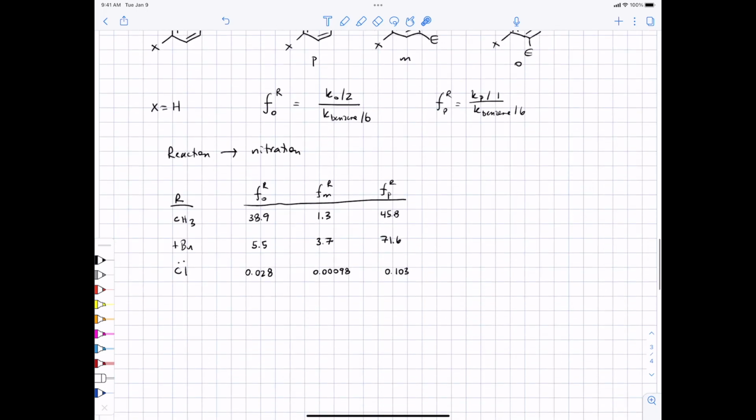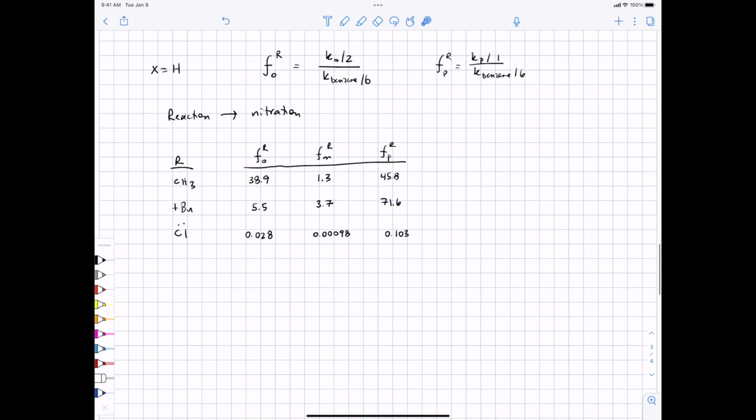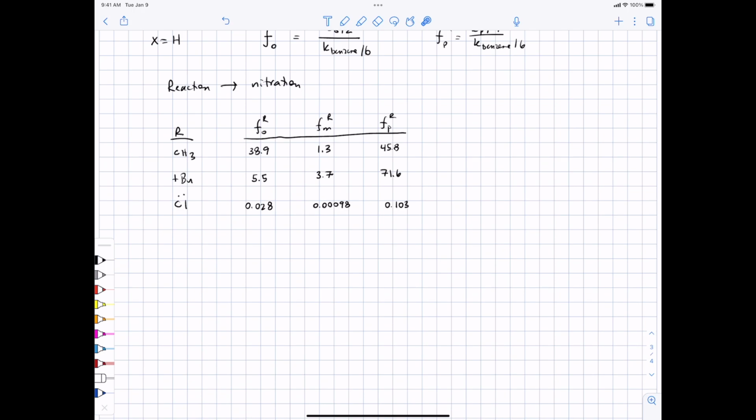So I like these data because they really do summarize a lot of things that we learn in introductory OChem. Here you see the deactivating effect because the rates across the board are slower for chloro, but you also see the regioselectivity effect. The rate of formation for the meta, is it the same formula as for the ortho?